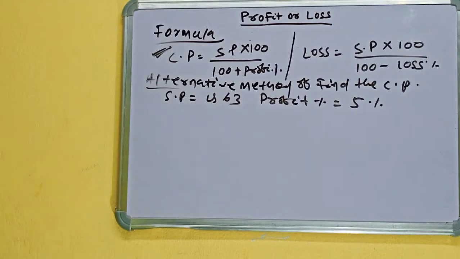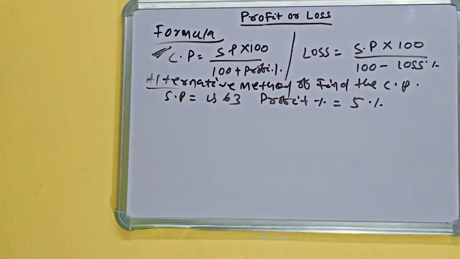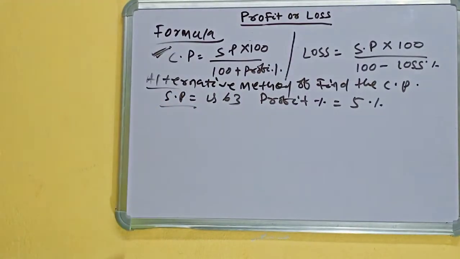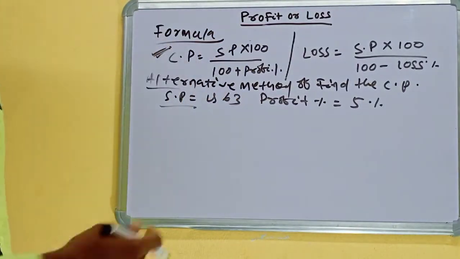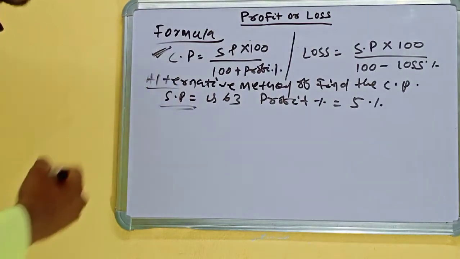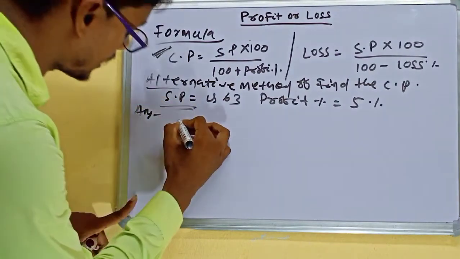We know profit percentage or loss percentage is always calculated on CP, but here SP is available, so we cannot calculate the profit amount on the SP. Then how to find the CP?